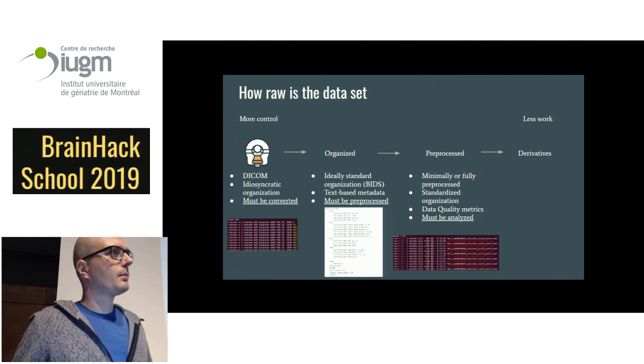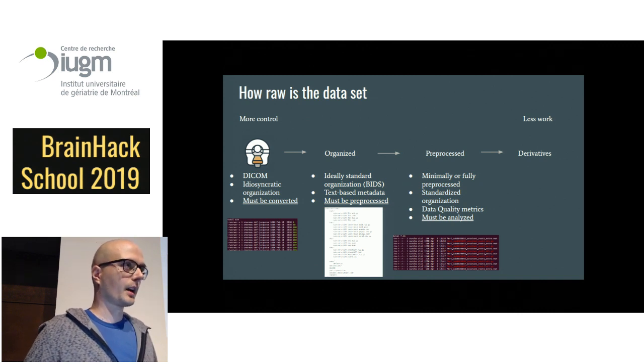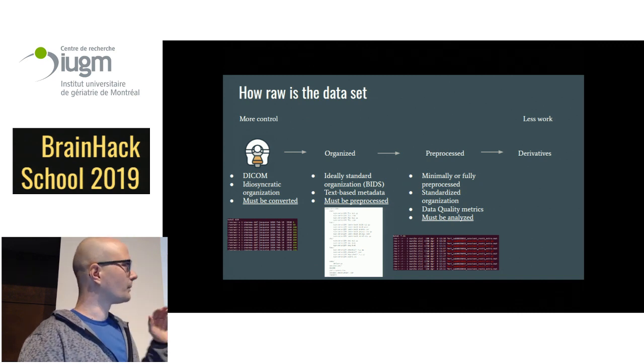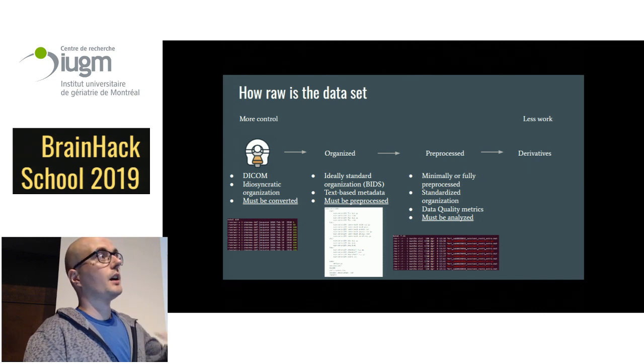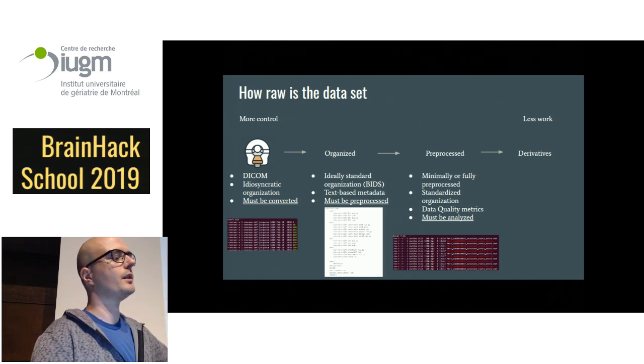The important thing to keep in mind there is that data might be minimally pre-processed or fully pre-processed, so you can just throw it into some kind of stats algorithm. What minimally pre-processed means is that in an imaging context, some of the artifacts and pre-processing steps have been dealt with, but you still have a choice on how you want to conduct the specific statistical regression and correction for nuisance covariates and all of these things.